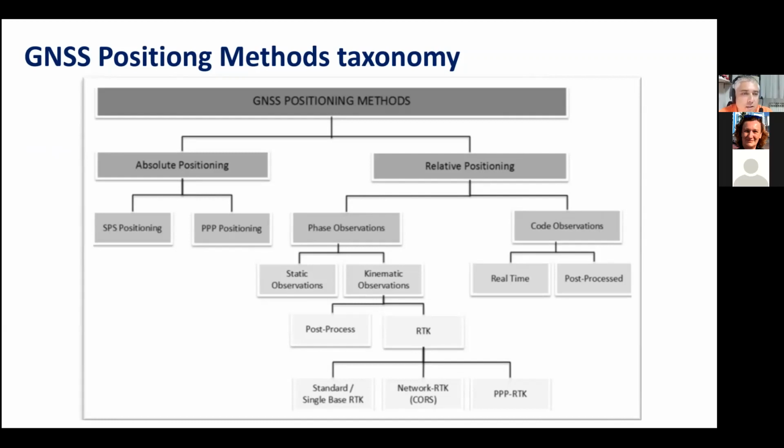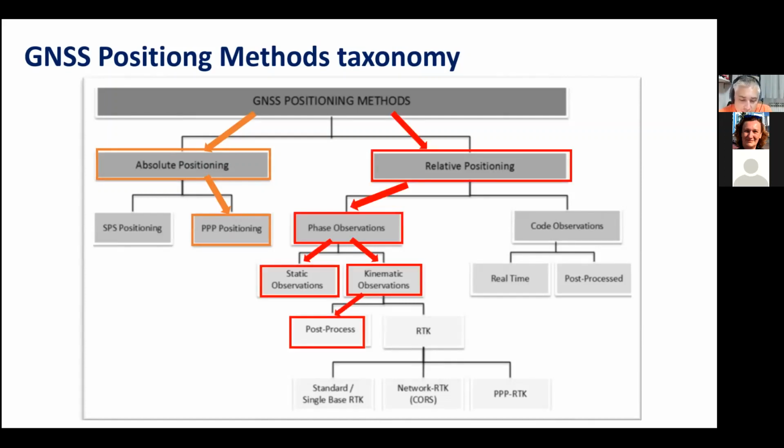So yesterday I talked about the GNSS positioning methods taxonomy, and it was stressed that there are some combinations that could be used in the assessment of the earthquake effect. If we are talking about absolute positioning, there is the PPP method, which provides feasible and satisfactory results.